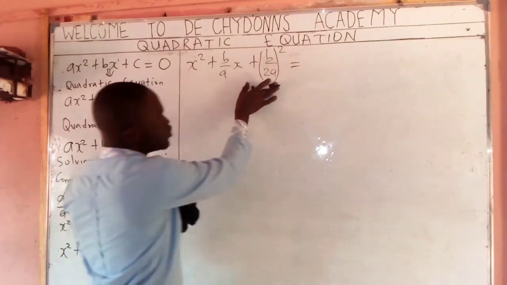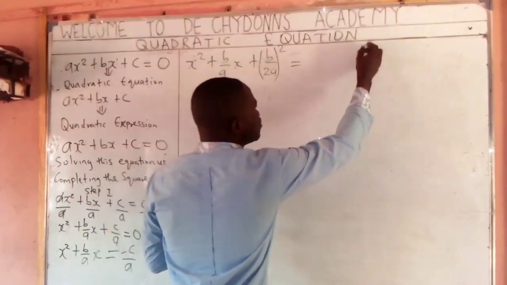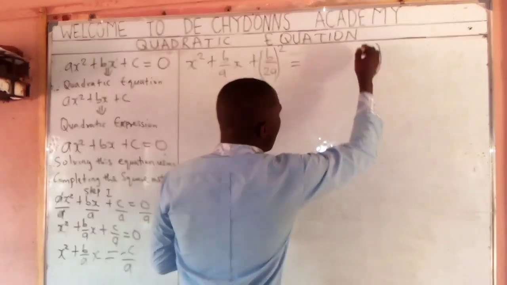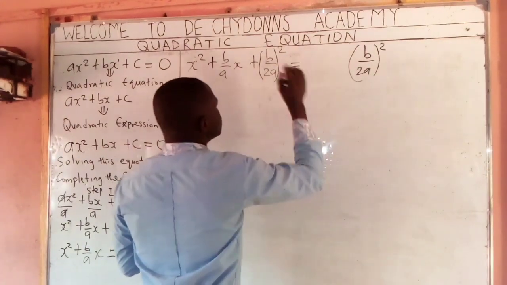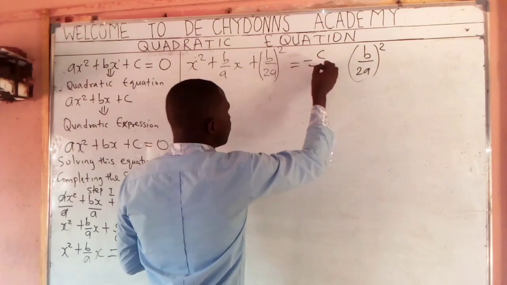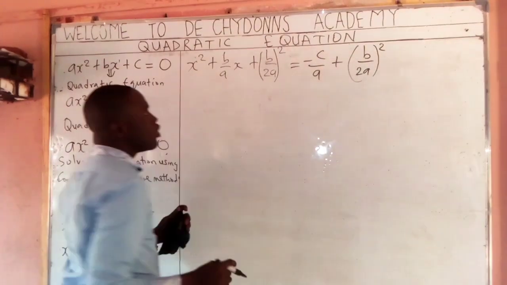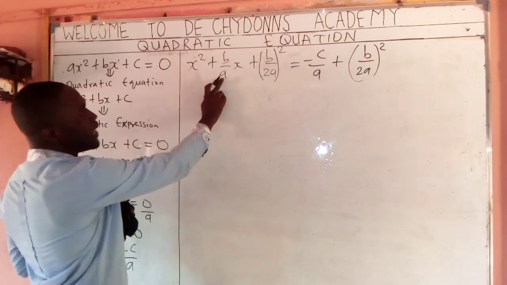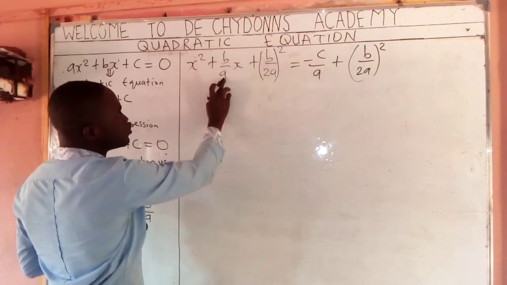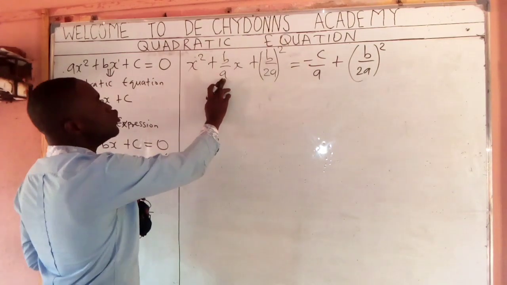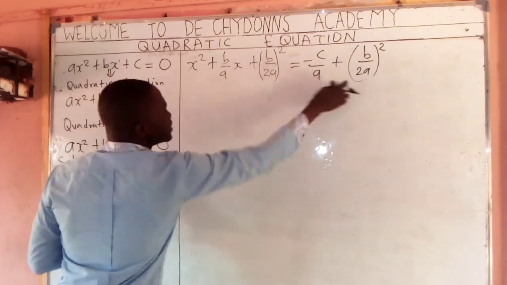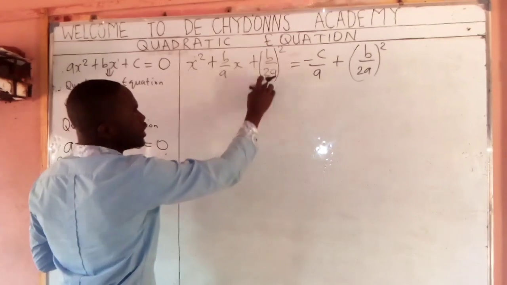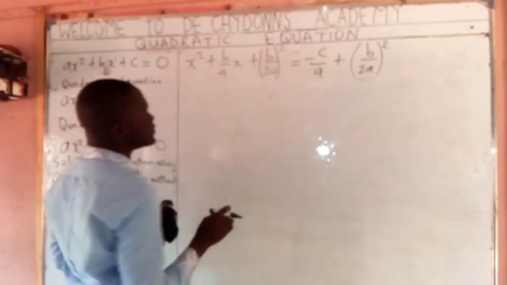And as you have written it here, write it on the other side too: b over 2a all squared, equals minus c over a plus b over 2a all squared. What we simply did is use 2 to multiply the denominator, which gave us b over 2a, then we squared it and added it on both sides.